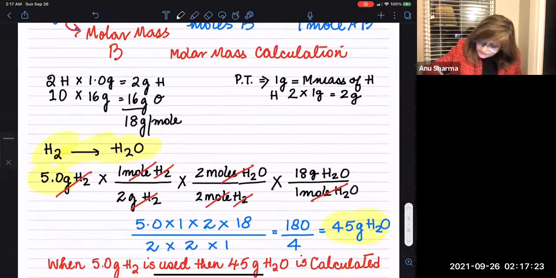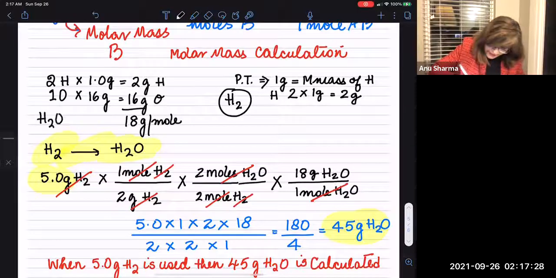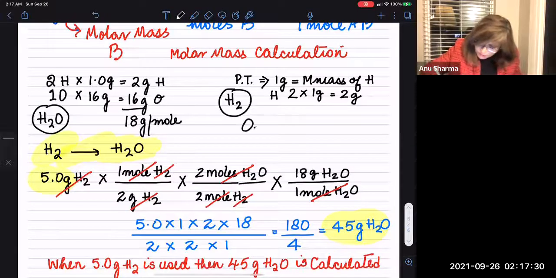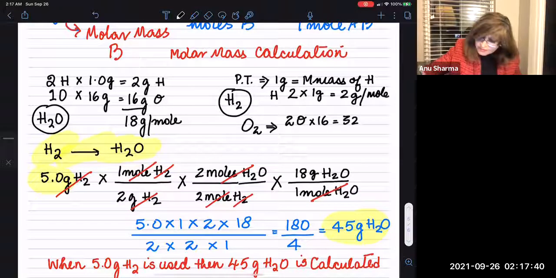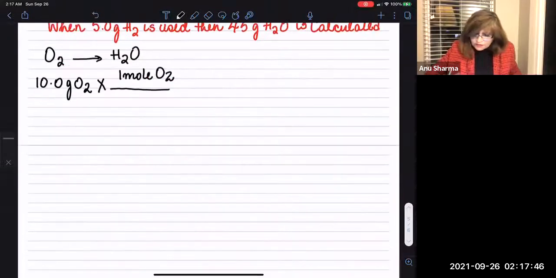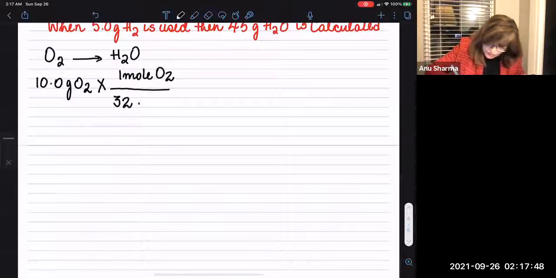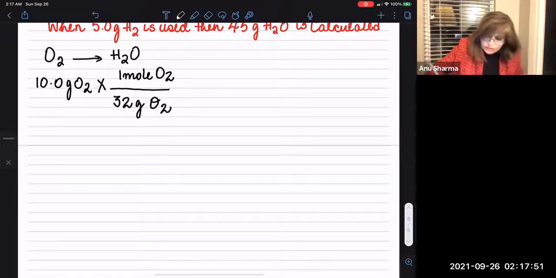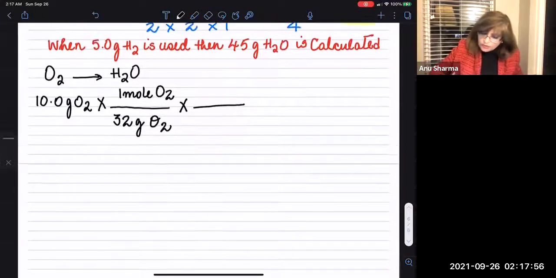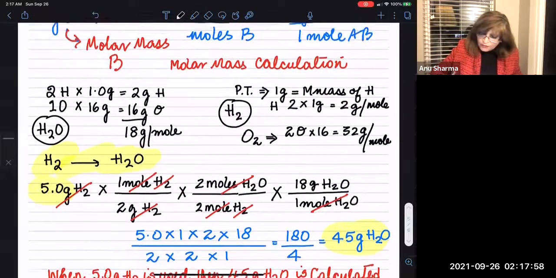So this is for hydrogen, H2, this is for H2O, and oxygen, O2, 2 oxygens times 16 each, it comes out to be 32 grams per mole. Okay, so we are going to put here 32 grams of oxygen, and now you bring in the mole to mole ratio of water.